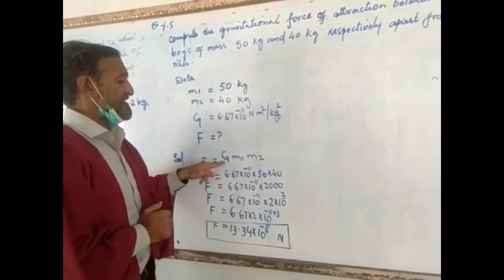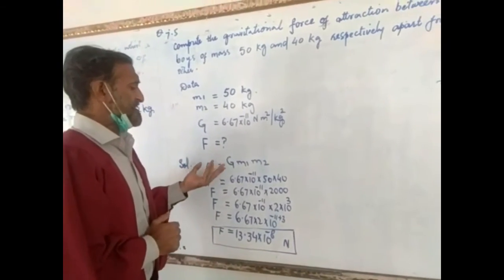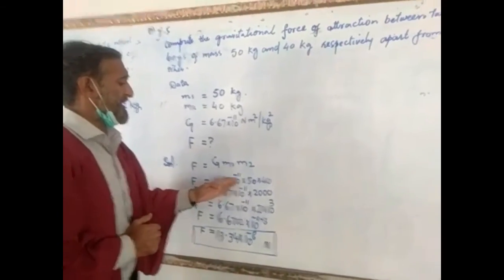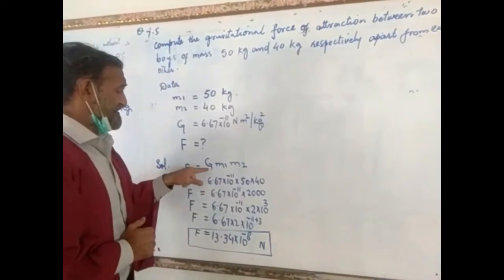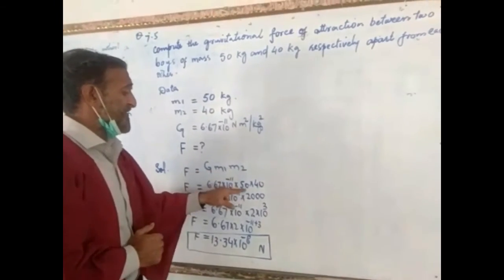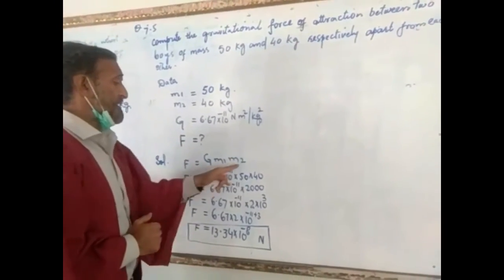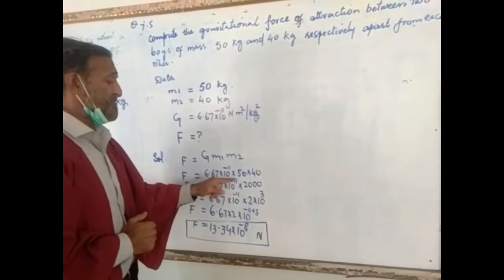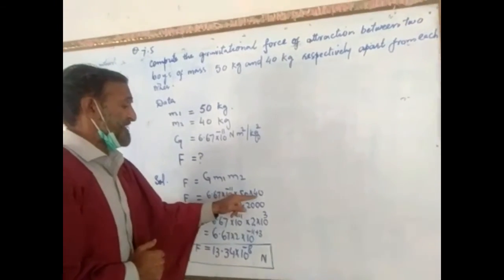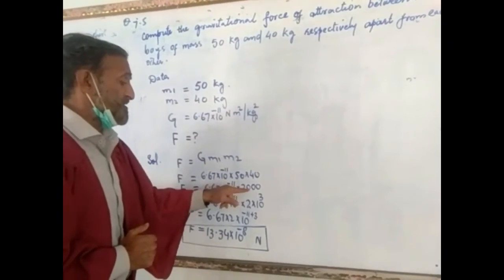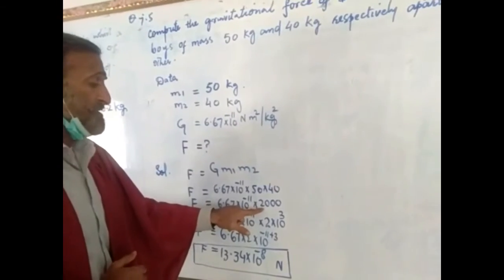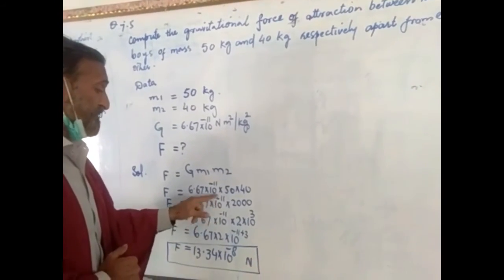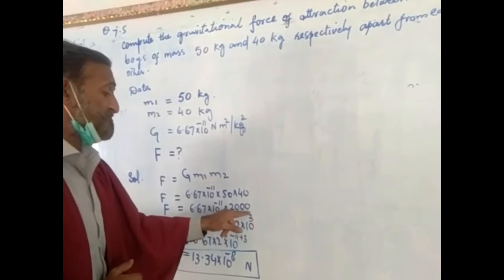So F is equal to Gm1m2 upon r square, and r will be taken as 1. F is equal to 6.67 into 10 power minus 11, this is the value of G. M1 is 50 and M2 is 40. So 6.67 into 10 power minus 11 multiplied by 50 multiplied by 40, that will be equal to 2000. 2000 will be taken as 2 into 10 power 3.